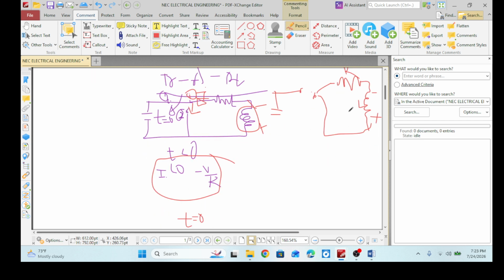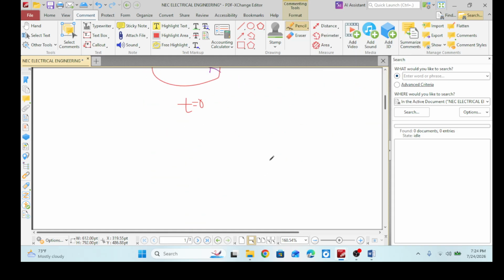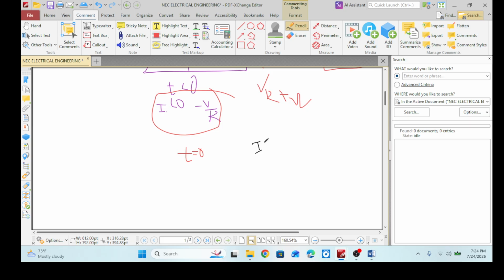Now let's apply KVL in this circuit. VR plus VL equals 0. Now let's solve it. VR means I(t) times R, plus VL is L di by dt.